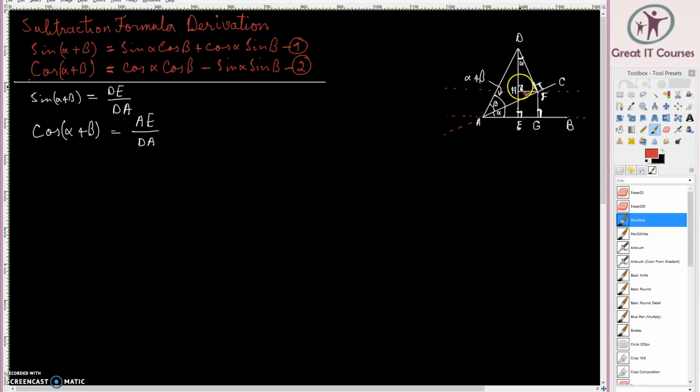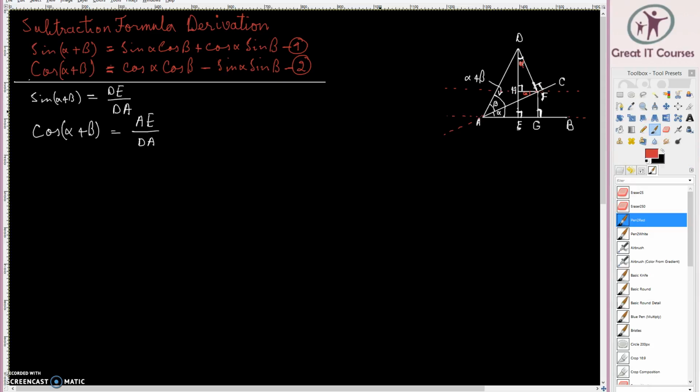So these two angles together must be 90. Because this angle complements this angle and this angle also complements this angle, these two angles HFA and HDF must be equal. So if this is alpha, then this is also alpha. That's how you know that this alpha is equal to this alpha over here.